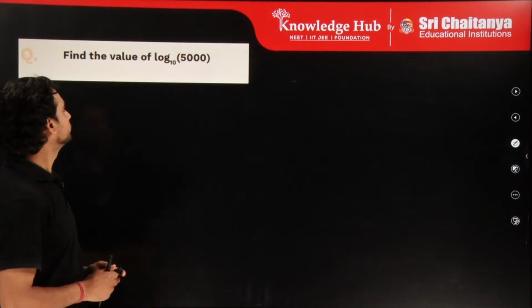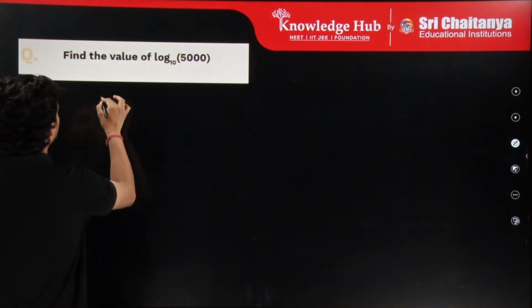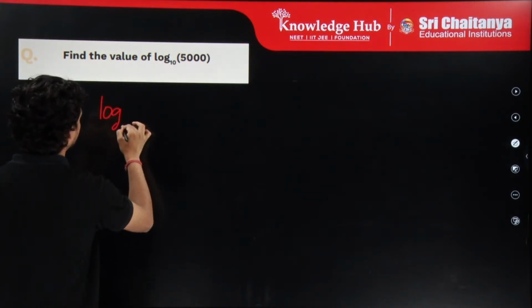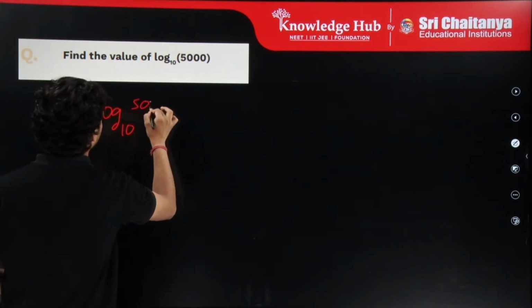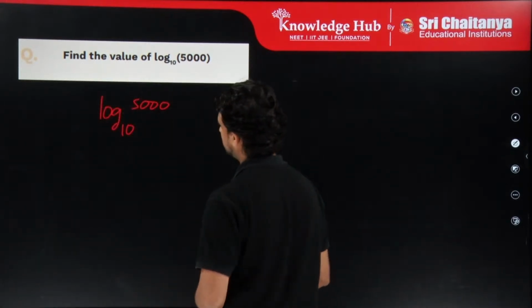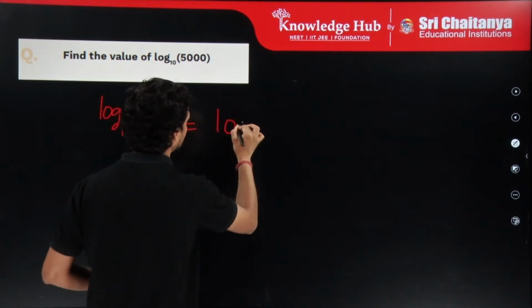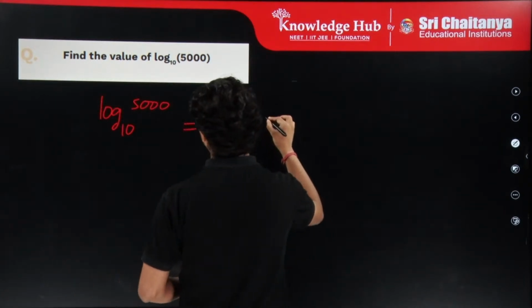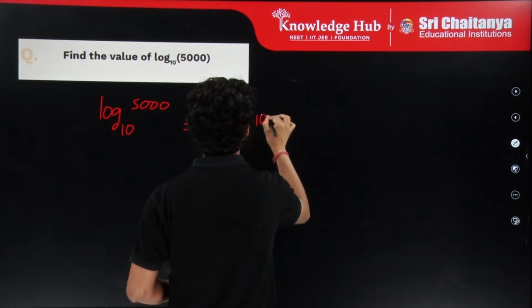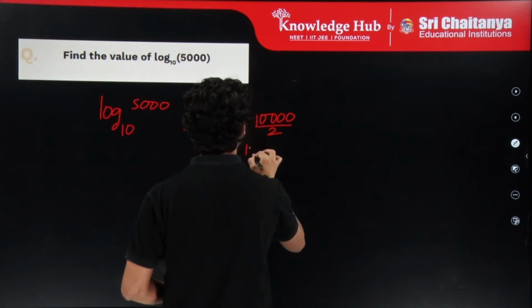So we have some questions to solve, so let's solve these questions. I have log 10 into 5000. So what can I write this as? I can write log 10,000 base 2, right? So what do I get?